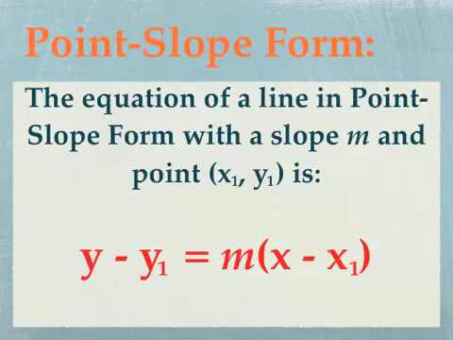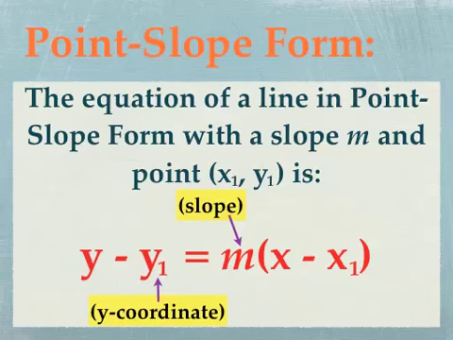So you're just going to substitute in whatever your y and x values are in a point of the line, and then you're going to plug in the slope for m. M is the slope. Y sub 1 is the y coordinate from the ordered pair. And x sub 1 is the x coordinate from the ordered pair.